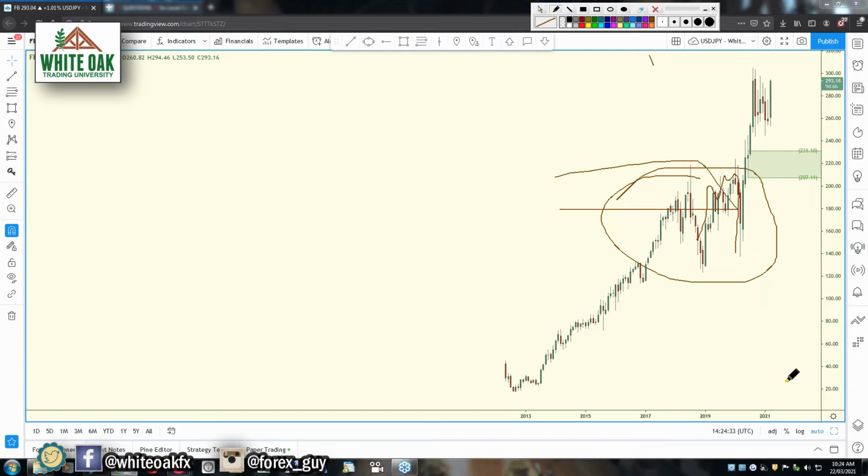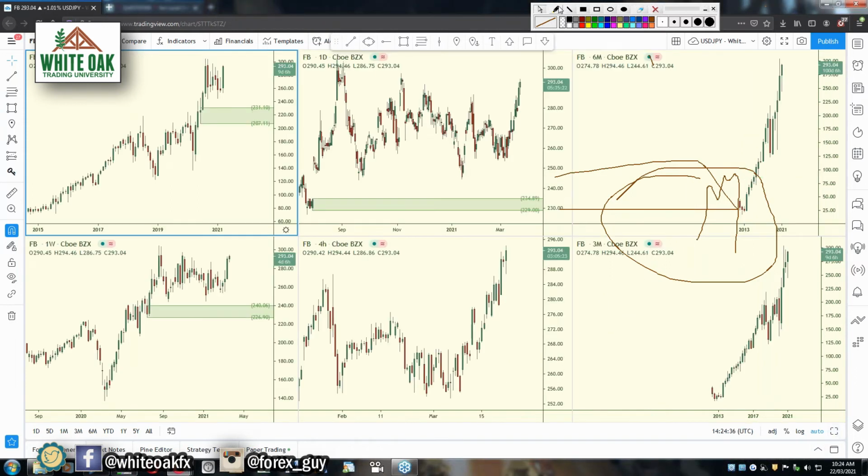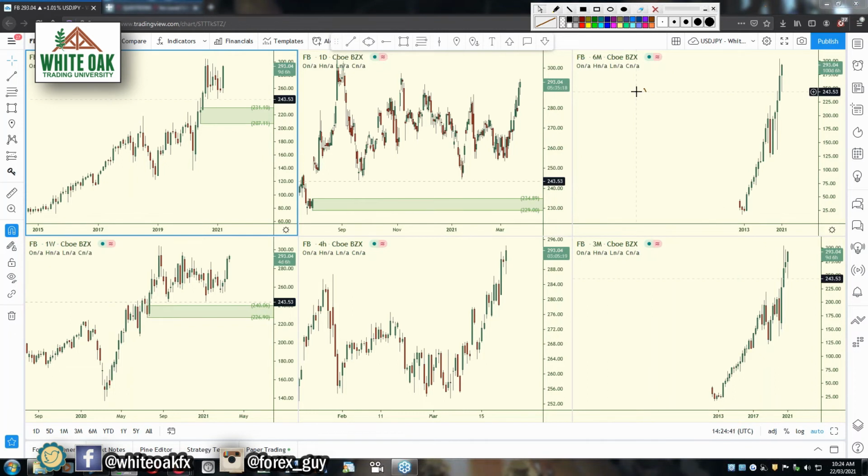At least with currencies, we can track the movements. It dropped from monthly supply. Now it's hitting weekly demand. Now it's creating a momentum shift on the daily chart. And we can time what is likely going to happen to a very specific area on a 4-hour chart, because we have so much information to base our decisions off of.